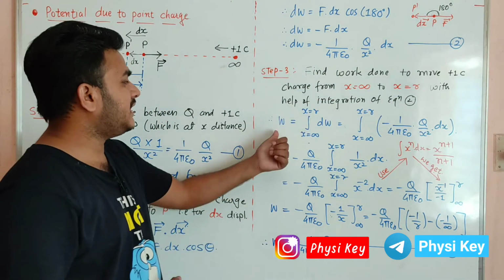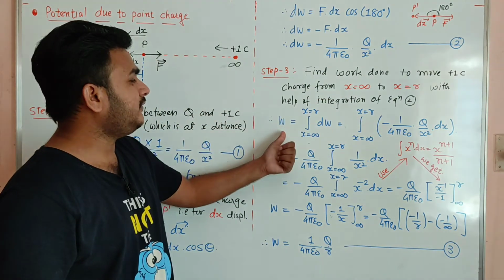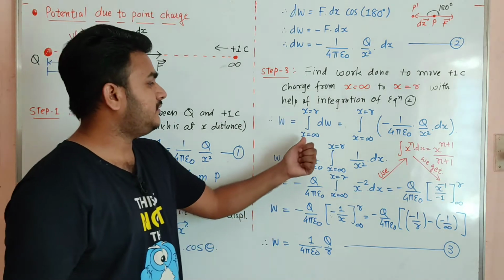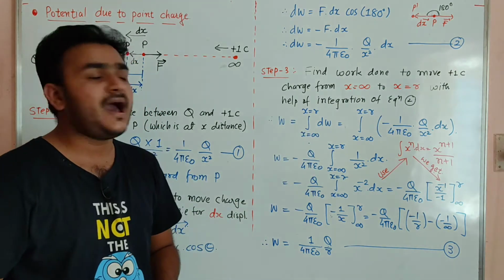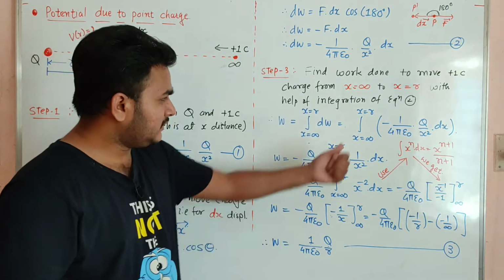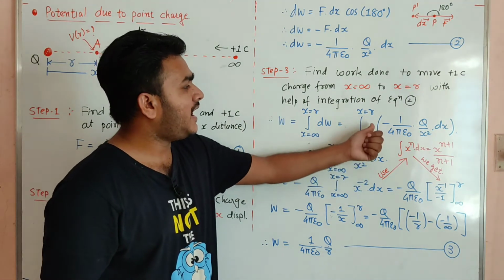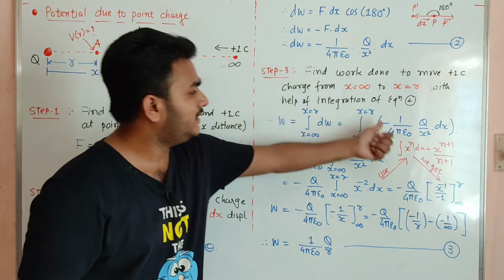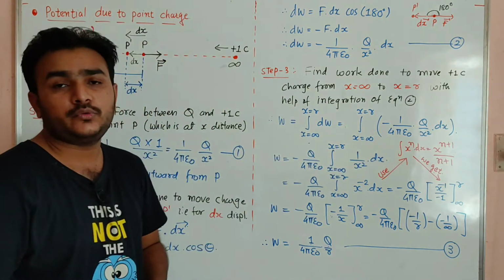Integrating equation number 2, we get the total work done: integration from x equal to infinity to r of dW, equal to the integration from infinity to r of the expression for dW, putting its value from here.